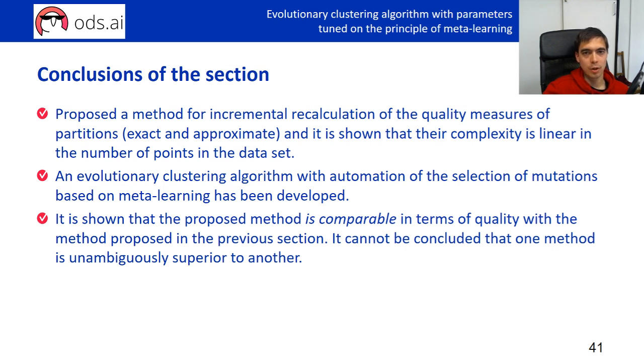Thus, we have developed a method for incremental recalculation of measures of quality of the partitions, and an evolutionary clustering algorithm with automation of the selection of mutations based on meta-learning. It was also shown that the proposed method is comparable in terms of quality with the method for heuristic algorithms proposed in the previous section.